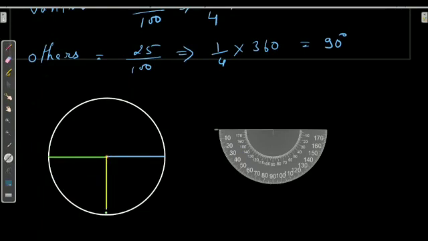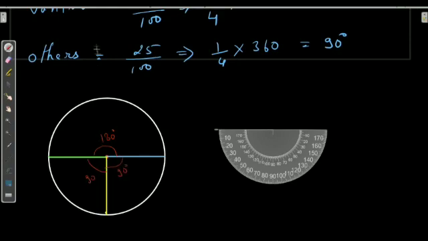So this is 90 degrees. If you see here, this is the 180 degree line, this is a 90 degree line and this is a 90 degree line.